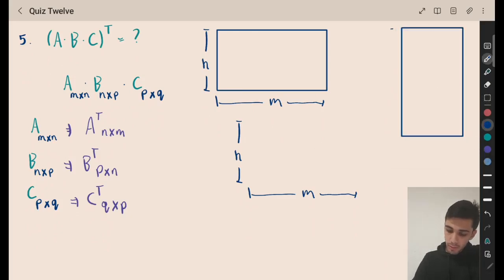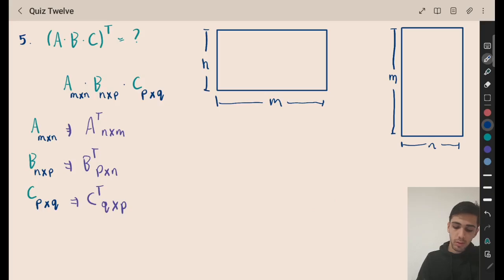So then I get M times N instead of N times M. So this is interesting. This is really what happens when we transpose a matrix. So this is a matrix, you know what I mean?